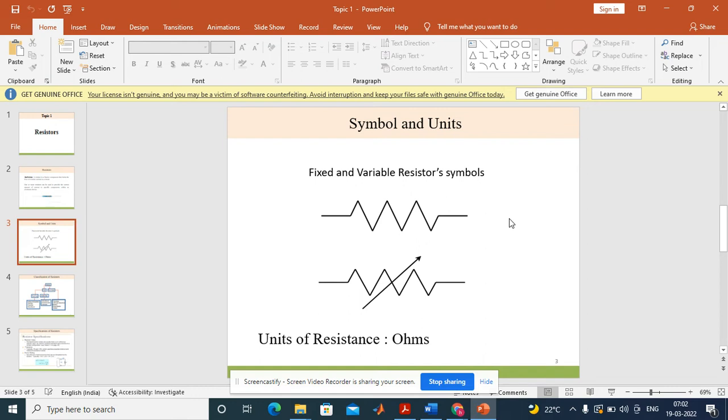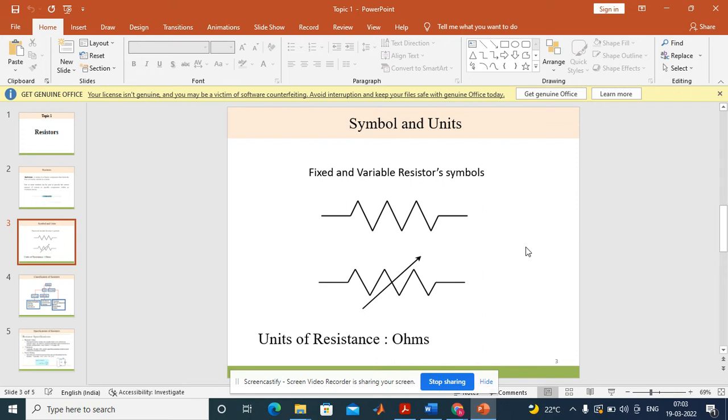Here, the fixed resistor is a two-terminal device, whereas a variable resistor will have one more, third terminal, which will be a variable terminal. Using this third terminal, its value will be varied from some minimum to a maximum value in a set range.